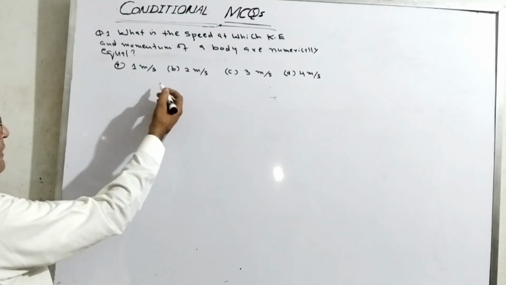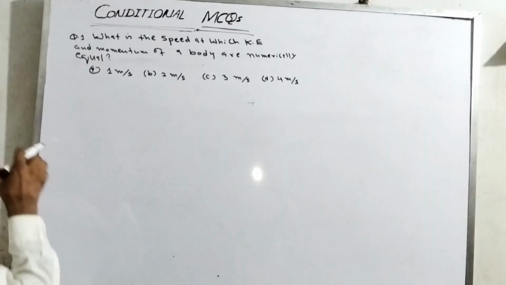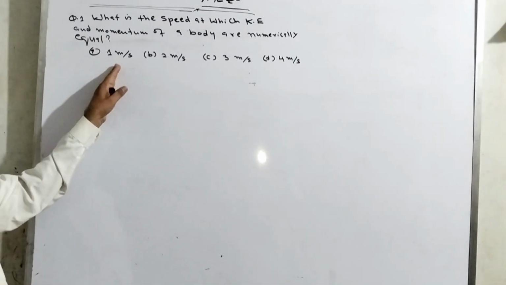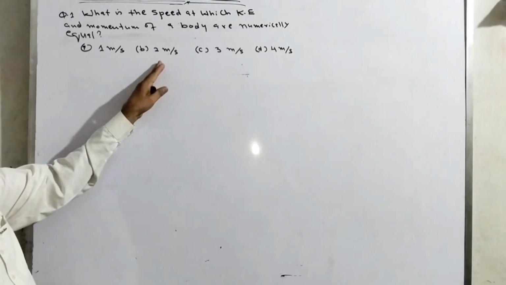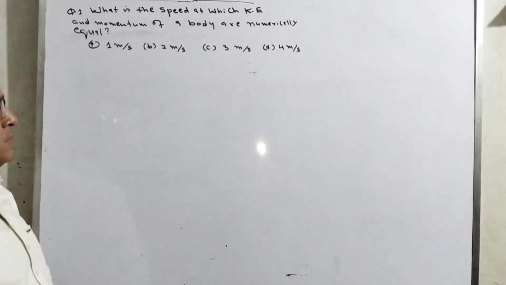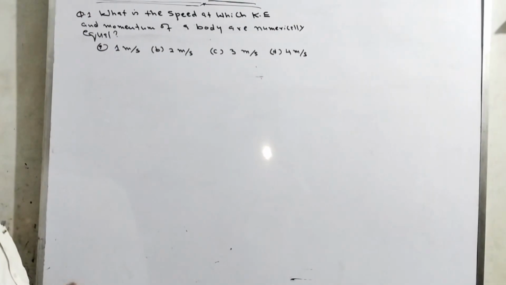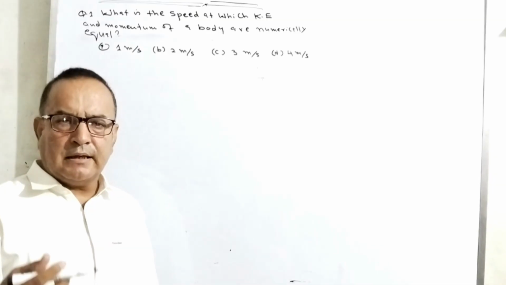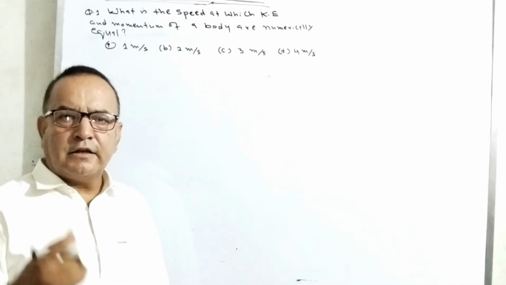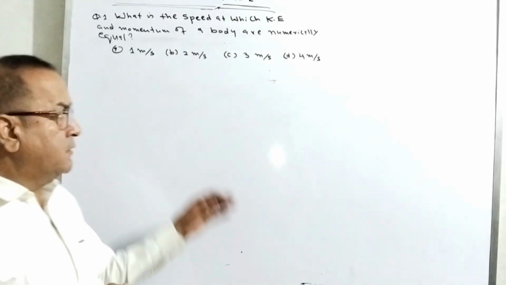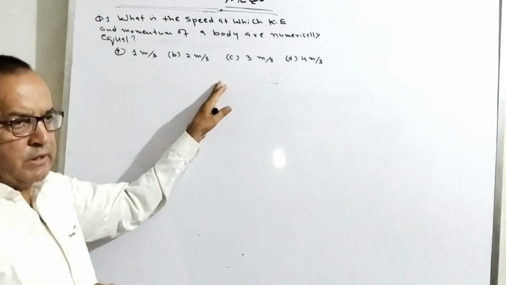Here are some given options, but you cannot directly pick any option without calculating the numerical, because if there is a numerical, whether the calculation is short or long, you must try to solve it.